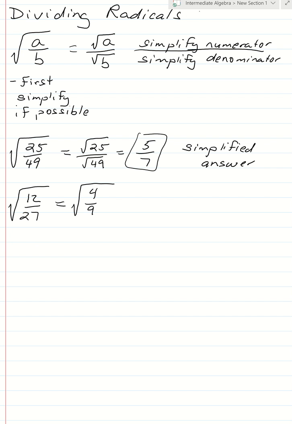By making the numbers smaller and more manageable, what we'll do now is use this property of dividing the square roots, and I will distribute the square root onto the 4, as well as onto the 9. When we take the square root of 4, we get 2. When we take the square root of 9, we get 3. So 2/3 would be your simplified answer.